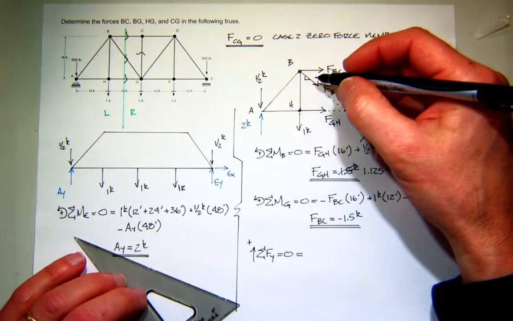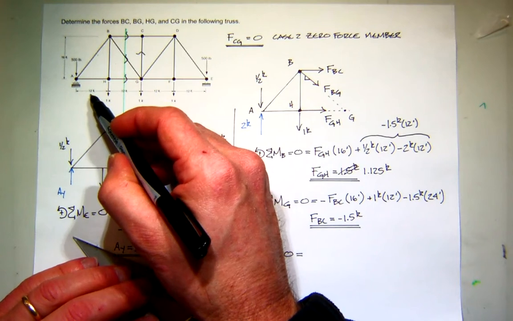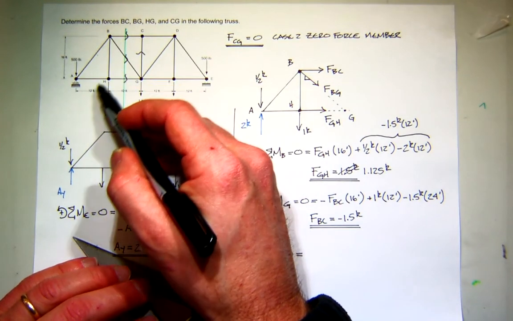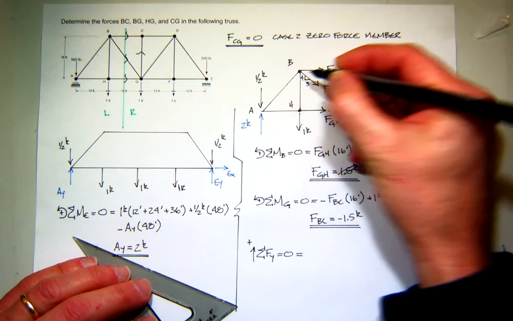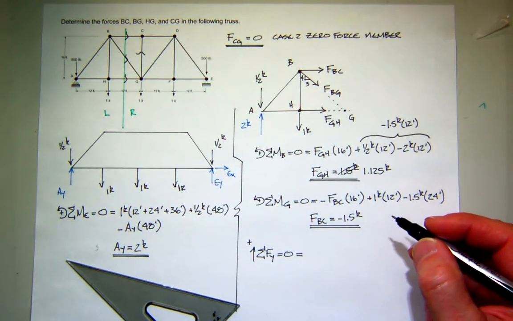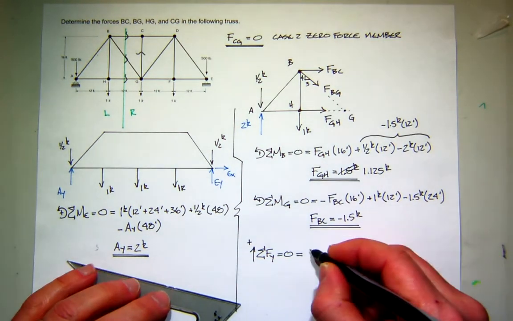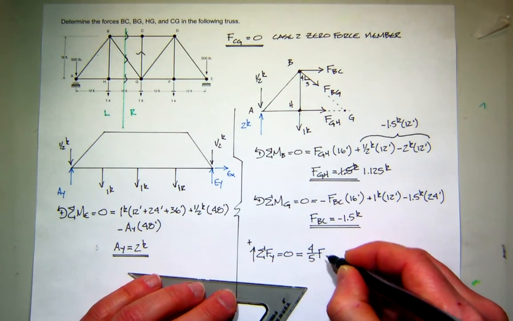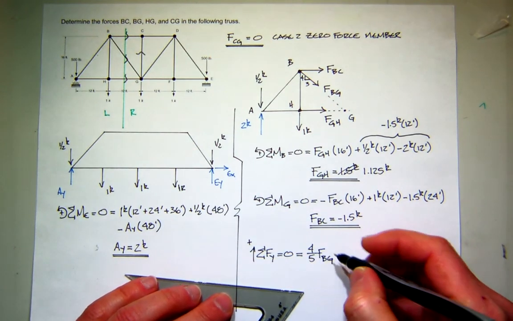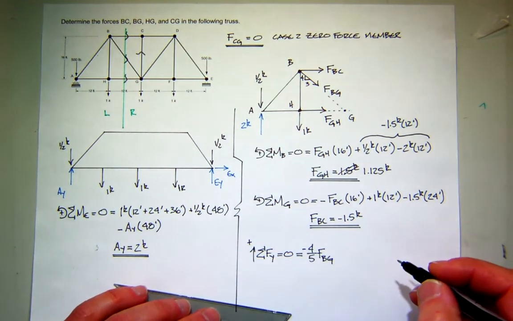As we've looked before, this 12 to 16, if you divide by 4, you get a 3 to 4. So this is a 3, 4, 5 triangle, and the y component would be 4/5 of BG. And it is acting down, so I'll make that a negative.